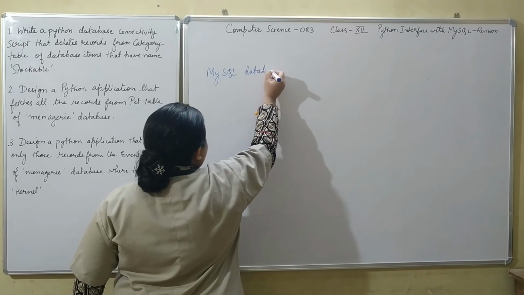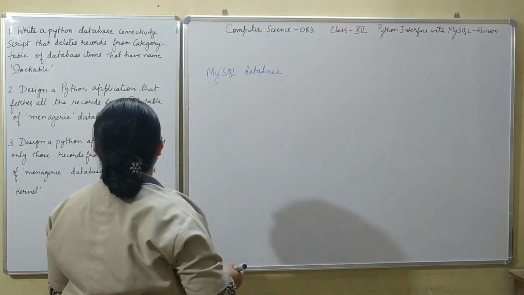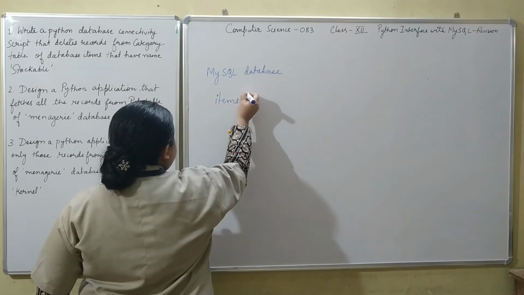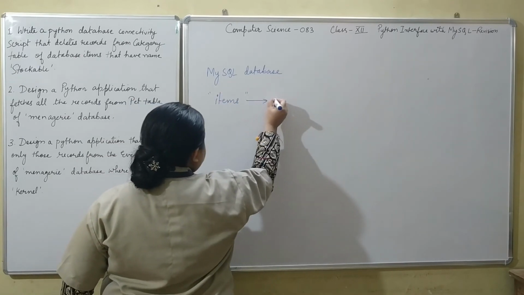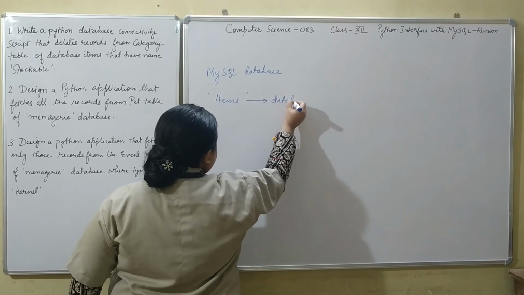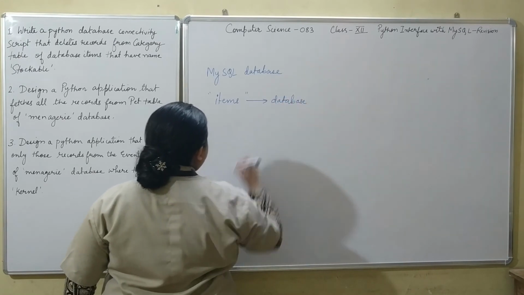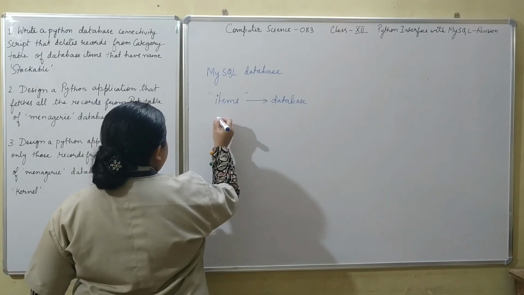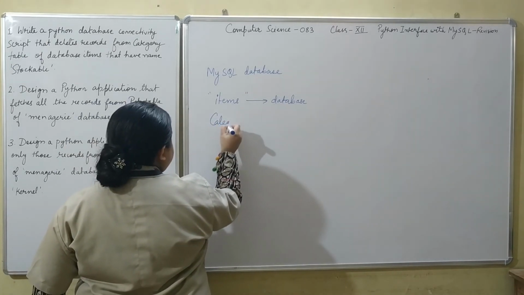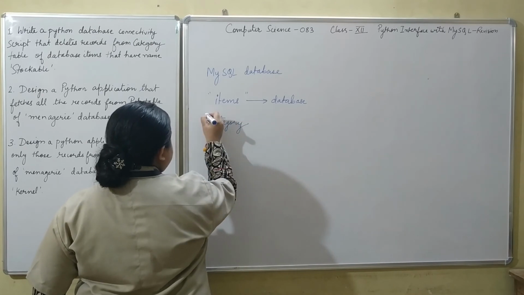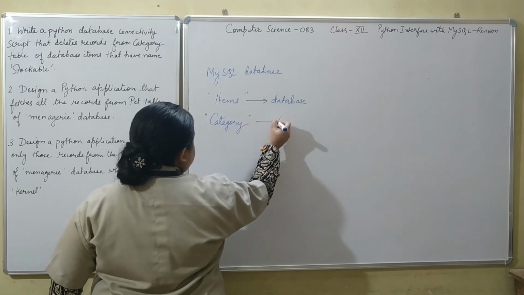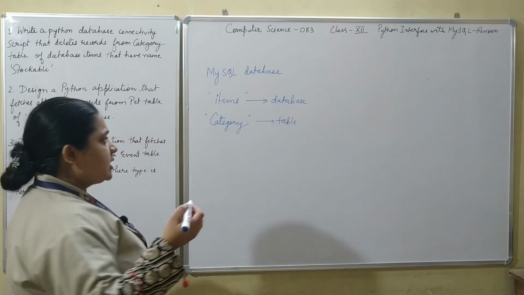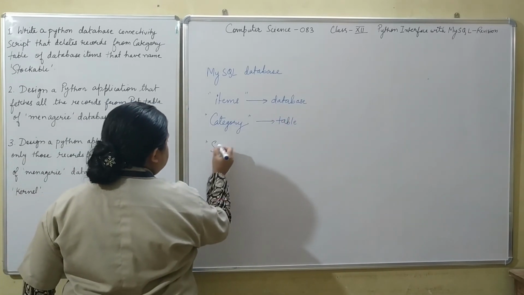The MySQL database which we are dealing with right now, its name is items. So it is the items database, and within the items database we have a table named category, and within that we have to look for all those items which have the name as stockable.